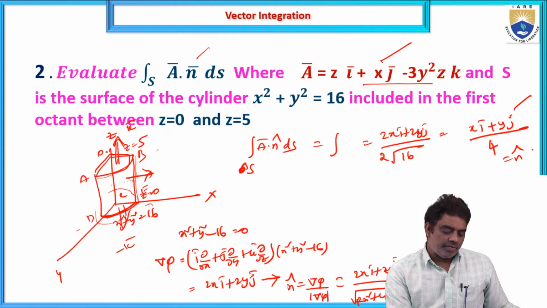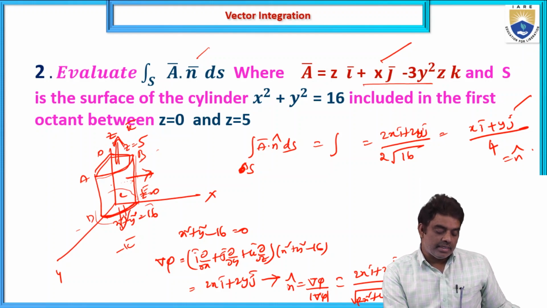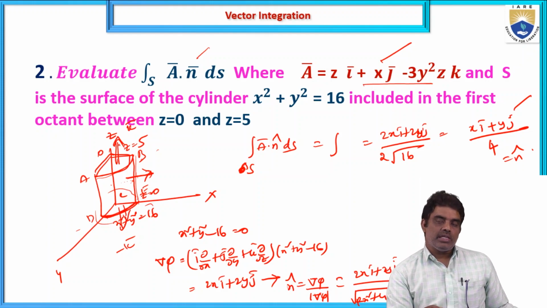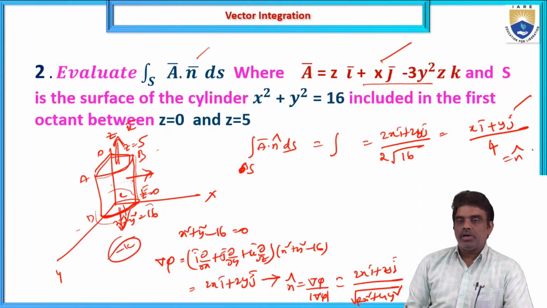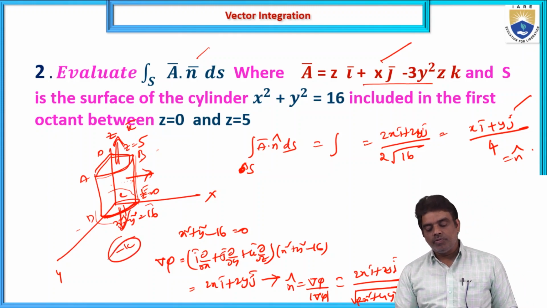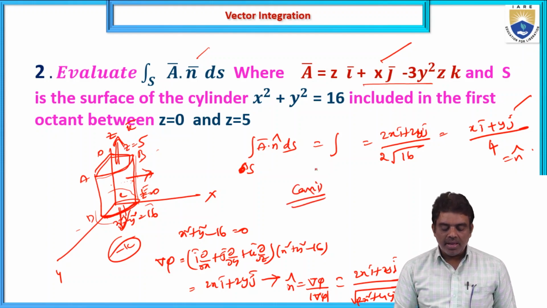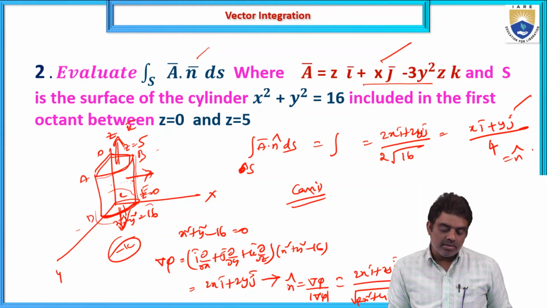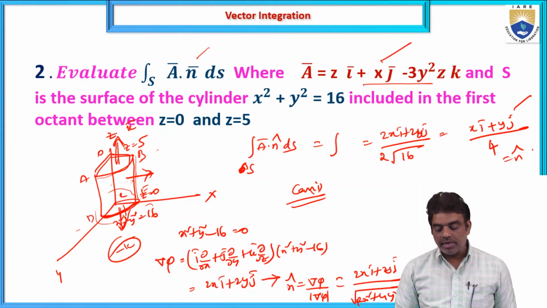Along the surface OAB, the outward normal vector is along the direction of z, that is k bar. And for the surface CDE, the outward normal vector will be minus k bar. So using these, we find three cases. In each case, a bar is common and n cap will be different for the given problem. Then you add all three, and you will get the solution.